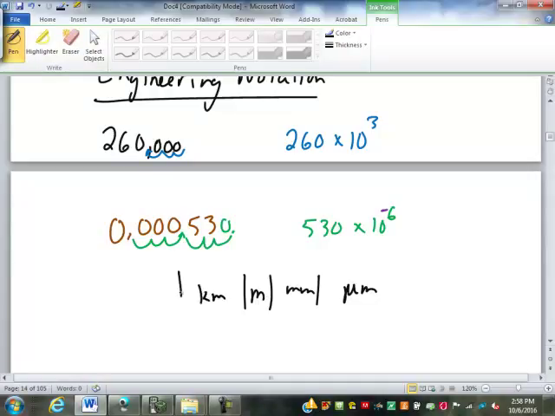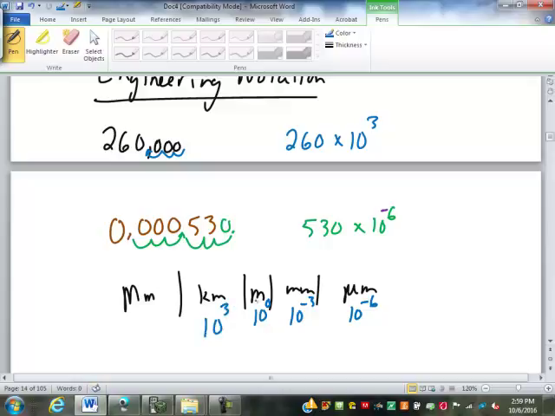Go kilometers and megameters. The main unit is 1, or 10 to the power of 0. Milli is 10 to the negative 3. Micro is 10 to the negative 6. If you are in electronics, you might have nanovolts or nanocoulombs for some capacitors and stuff like that.